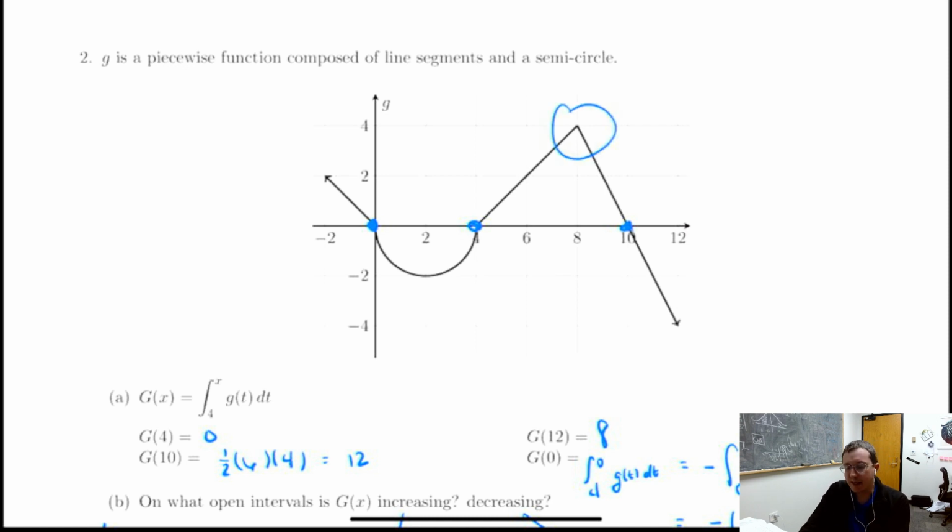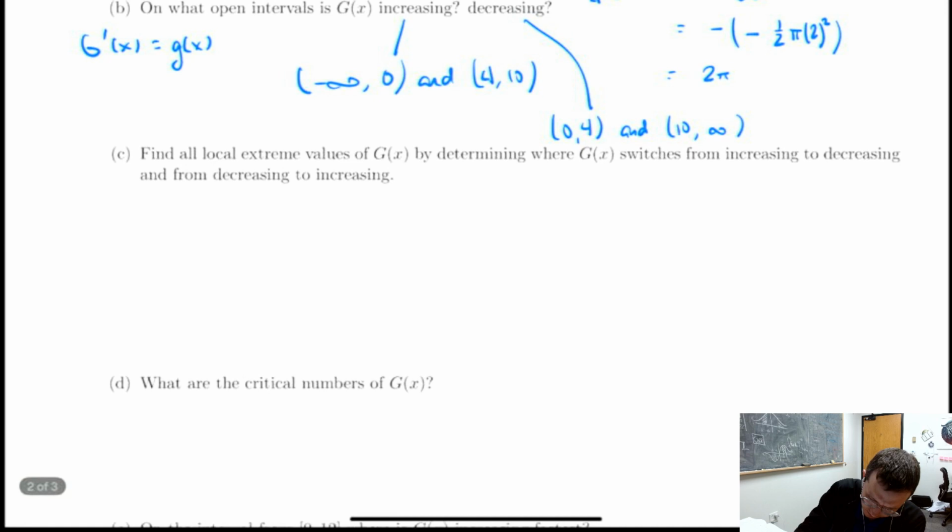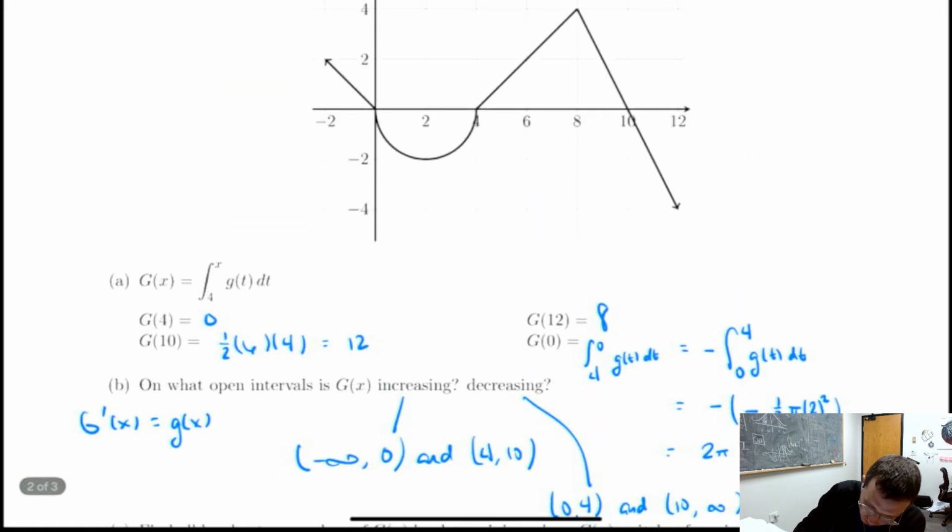Not places like this, because this is a place where little g prime is undefined. But that's the second derivative of big G. We're supposed to be looking at the first derivative of big G. Okay, so my critical numbers are 0, 4, and 10.